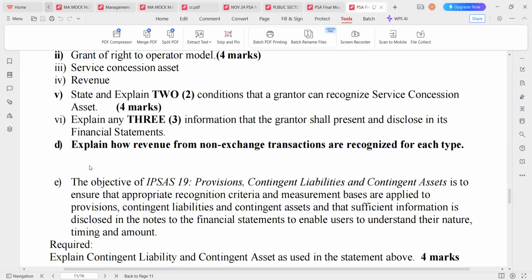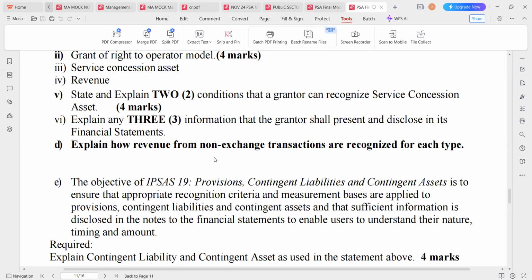All right, so basically, then IAS 37, over here is IPSAS 19.